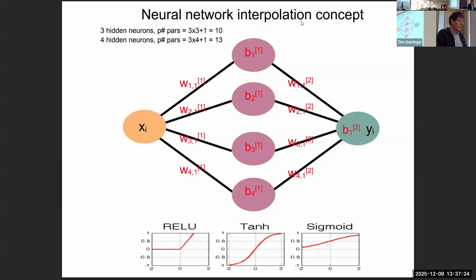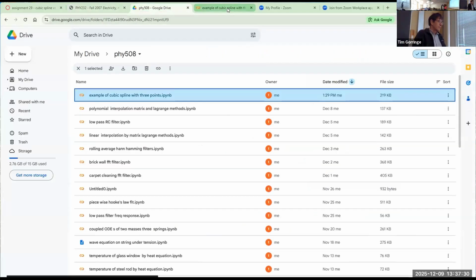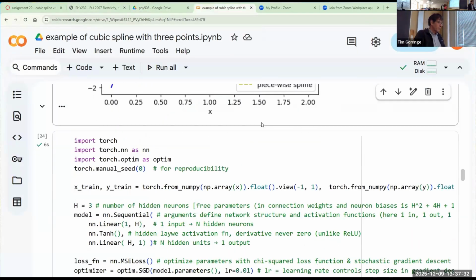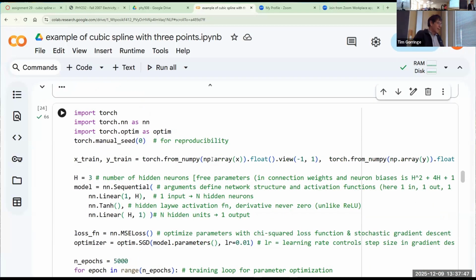So let me just go to the code. I think I'm just advertising this as something you might be interested in, and maybe you already know all this, but you might be interested in exploring it. I'm advertising it as a way of thinking about machine learning.